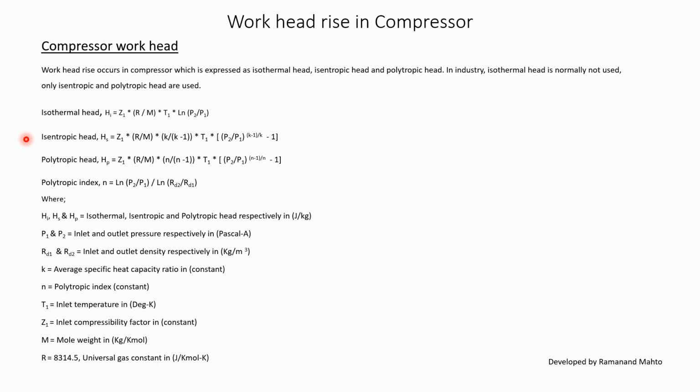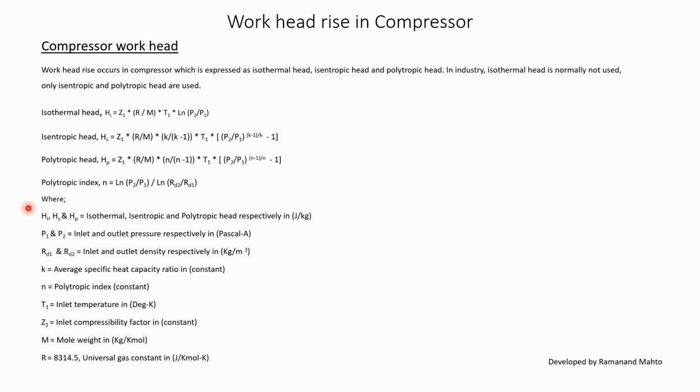Polytropic index N is equal to log of P2 upon P1 upon log of RD2 upon RD1. RD2 RD1 क्या है? ये density at inlet and outlet condition.